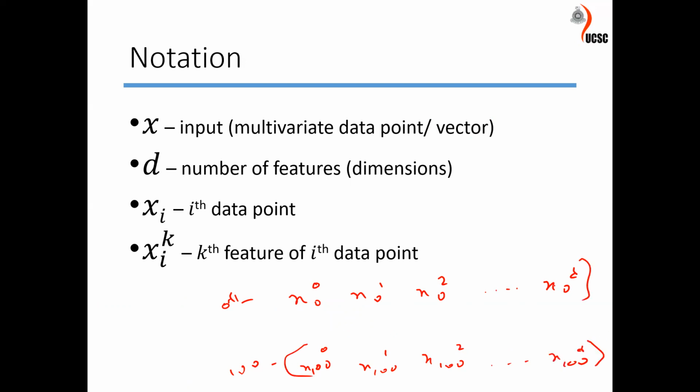So this is how we write our data point. Basically you have to keep in mind, in this case, we are dealing with vectors. So we have d plus 1 dimensions, where the maximum dimension number is d.